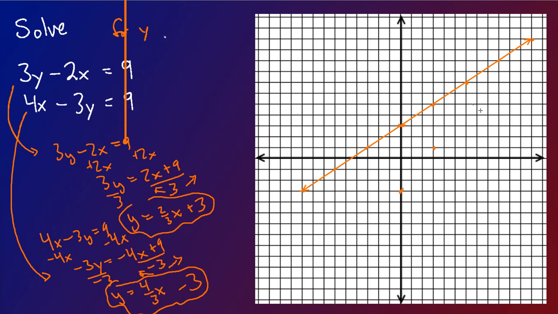That means up 4, right 3. Okay, got enough points, and go ahead and connect. Sometimes it doesn't come out exact, and that's okay. We're just getting estimates, so this is our answer. And I'm pretty sure that that is the point 9, 9.